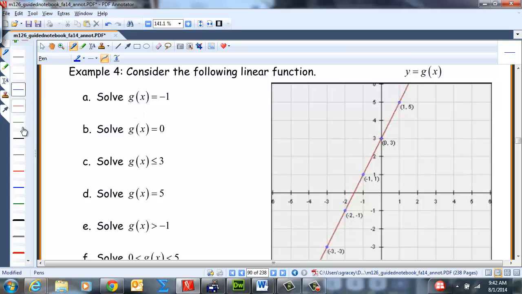So what we would do is go to where the y value is -1. So this one actually has an ordered pair written out for us, right? And we would put down what the corresponding x value is. So x would be equal to, good, -2.